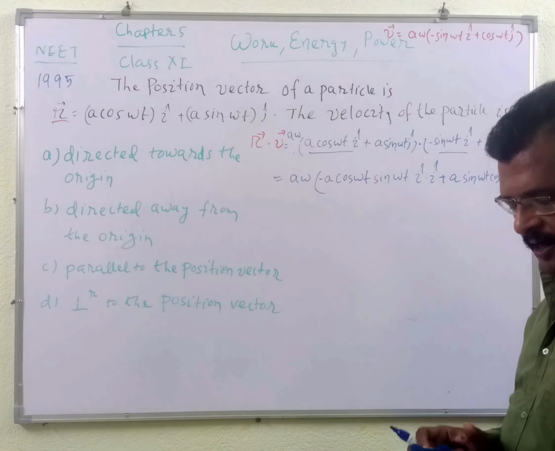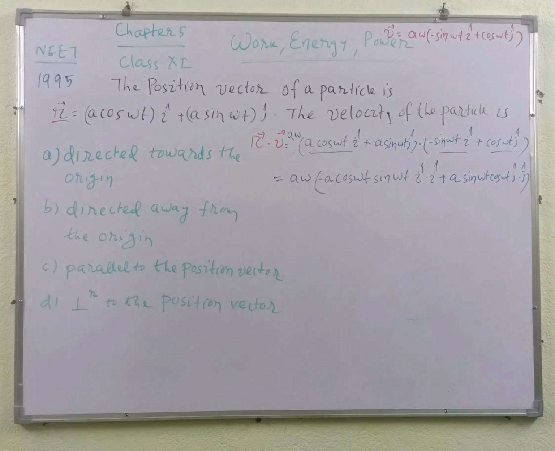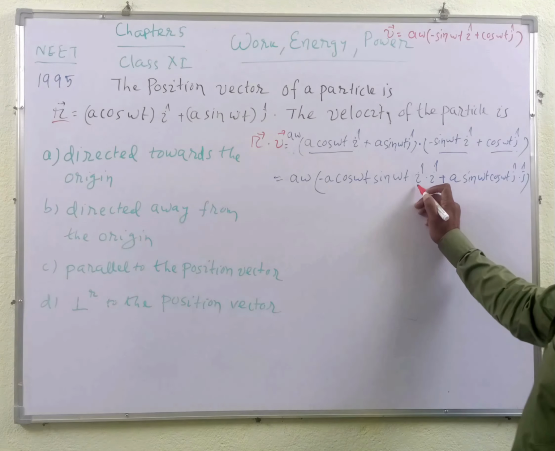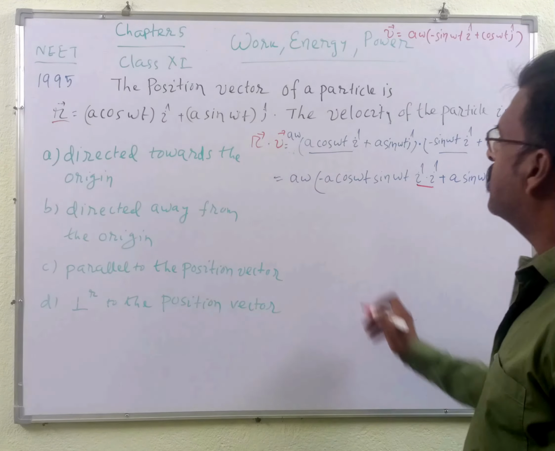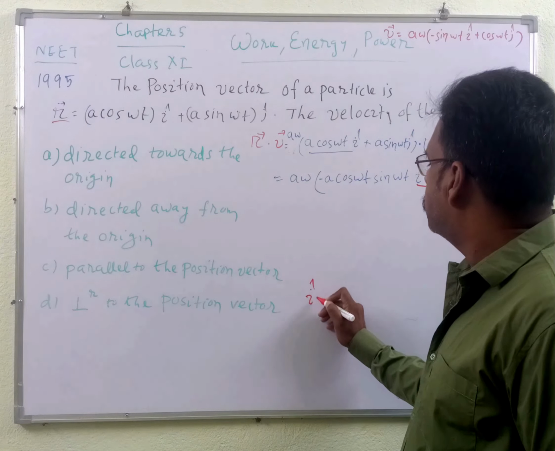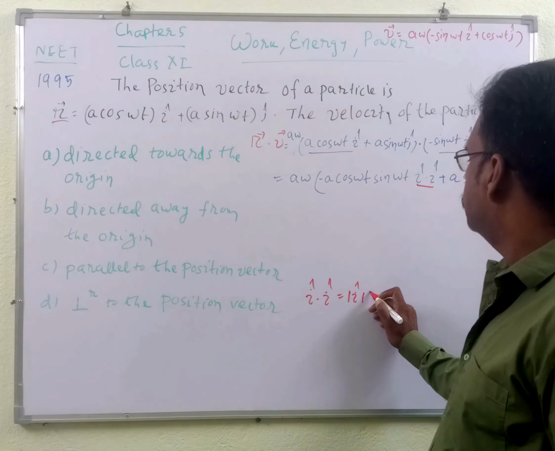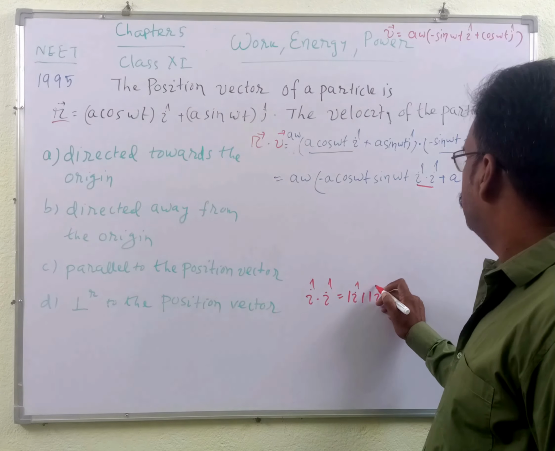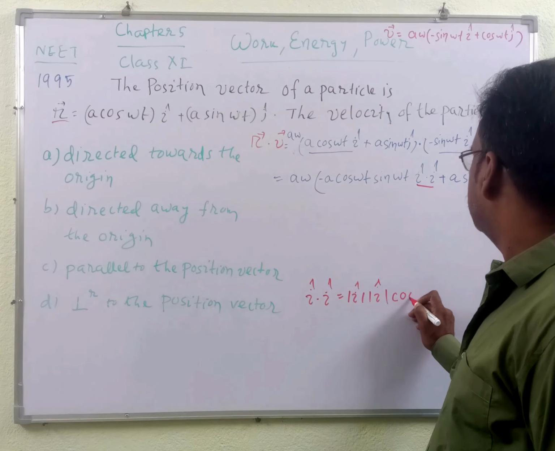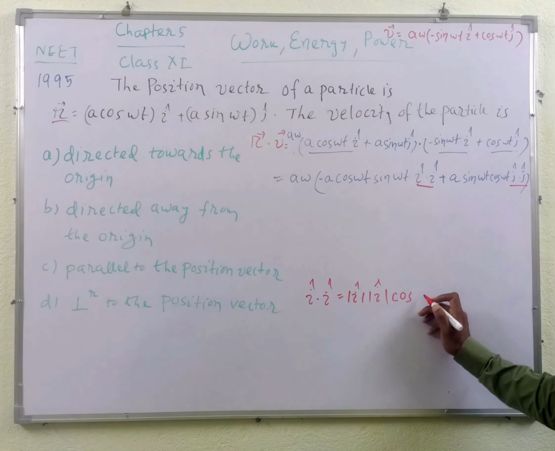What is i cap dot i cap, students? And what is j cap dot j cap? We have to find out. i cap dot i cap is mod i cap into mod i cap into cosine of the angle between i and i, that is 0 degrees.